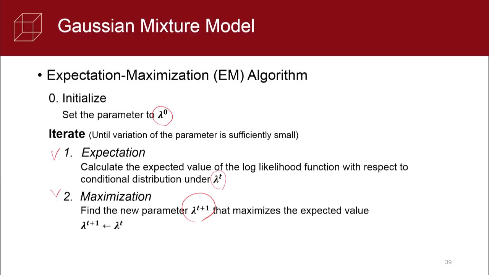So you keep updating the parameters from lambda t to lambda t plus 1, and you keep doing this until the variation of the parameter is sufficiently small. In other words, the parameter converges to a certain value.